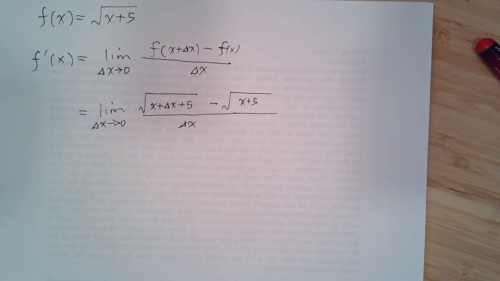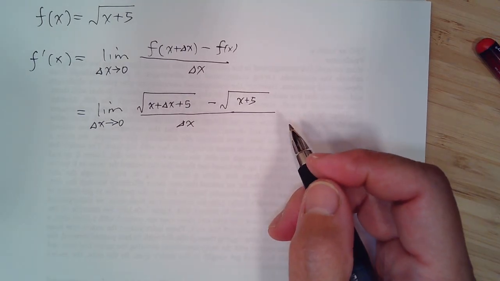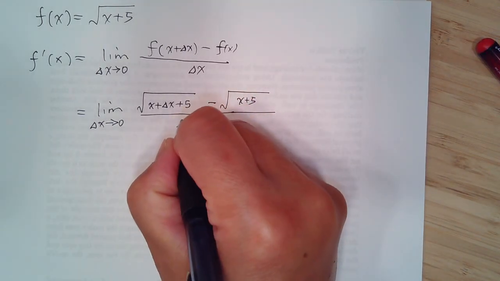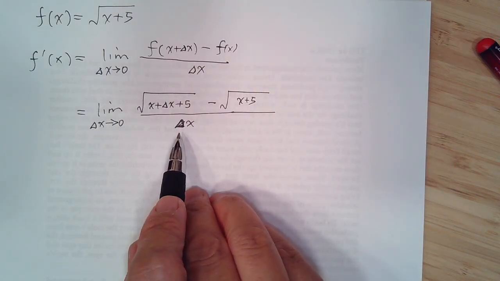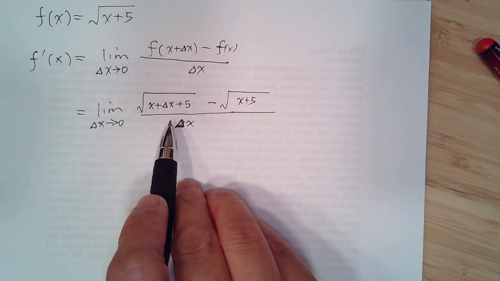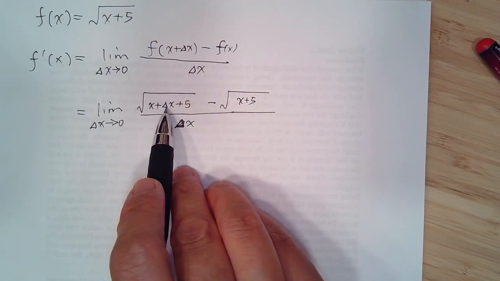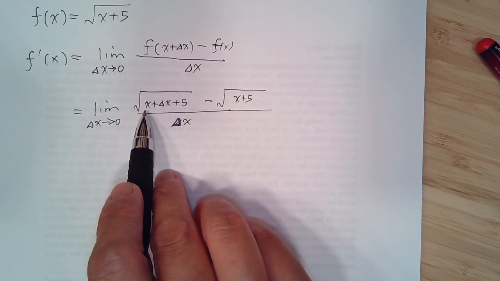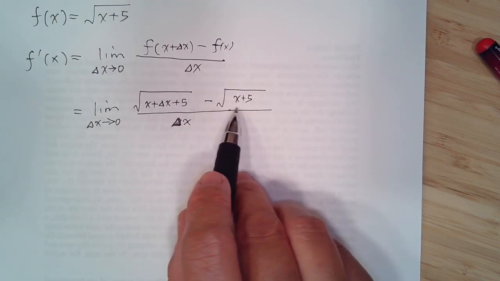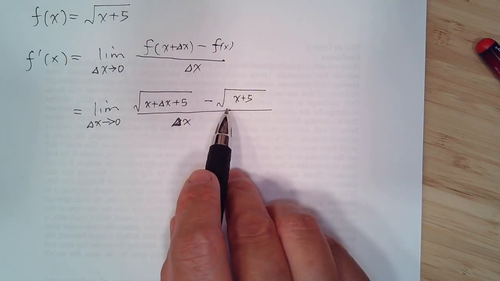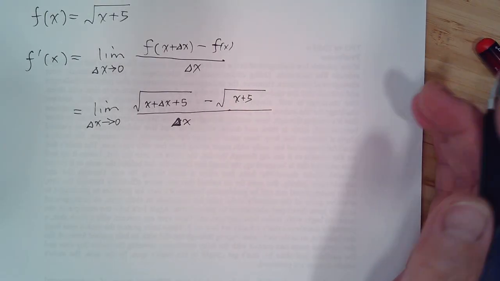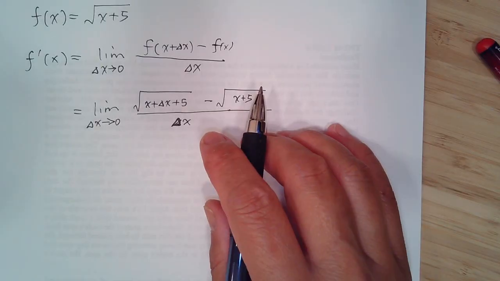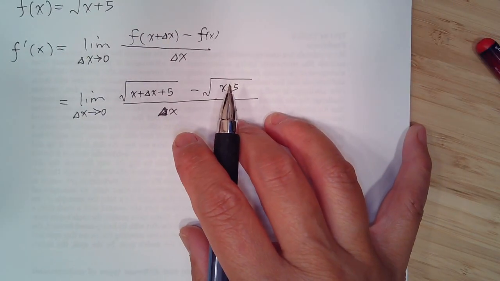Now, you got a small problem here, because when delta x approaches 0, your denominator is approaching 0. But your numerator, when this part approaches 0, so this part approaches x plus 5, if you minus the square root of x plus 5, you also get a 0, something really, really close to 0. So in this case, you cannot just get the answer as easy as you want.